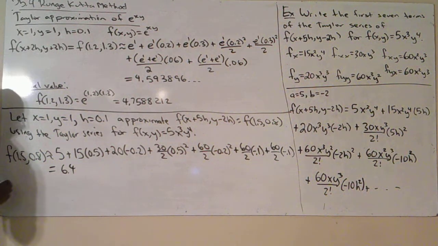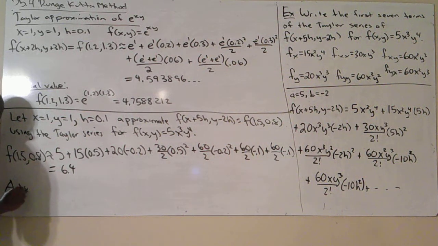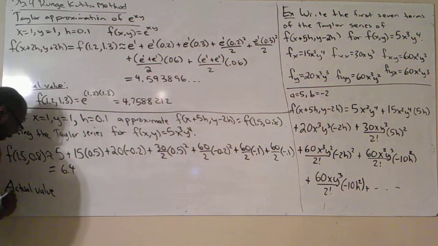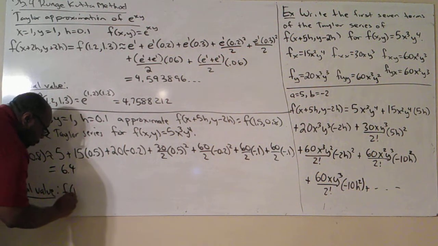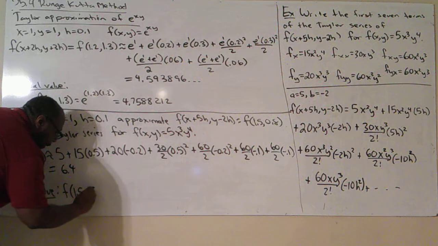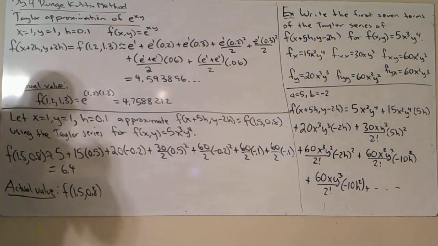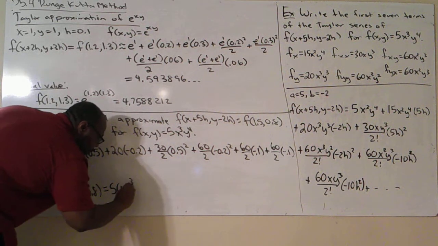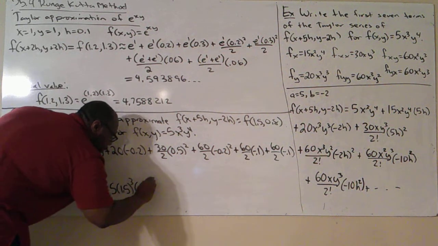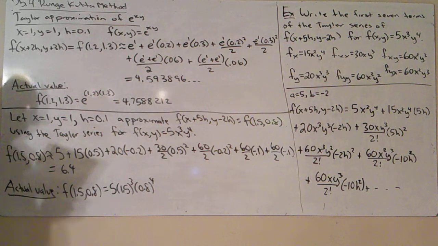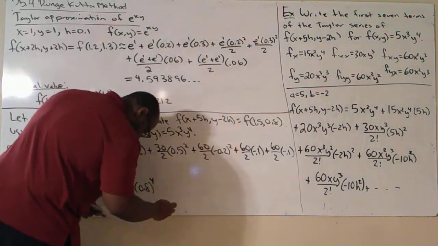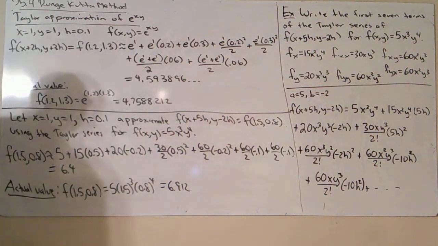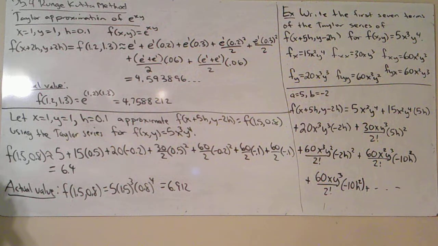And my actual value when I do this, f of 1.5 and 0.8, that becomes 5 times 1.5 cubed, times 0.8 to the 4th. I have that to be 6.912. So not a bad approximation if all that's correct.